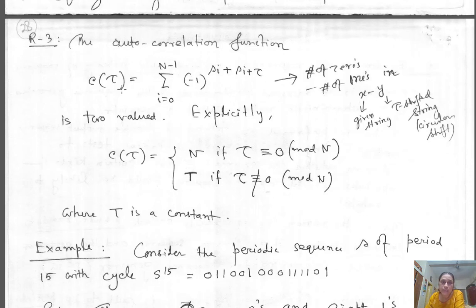The autocorrelation function is defined in this way: C(tau) is (-1) to the power Si plus Si plus tau, for i from 0 to n minus 1. What we are actually doing is, you have your sequence S0, S1, S2, Si plus 1, etc., and this i plus tau means essentially you are taking a tau shift of that.